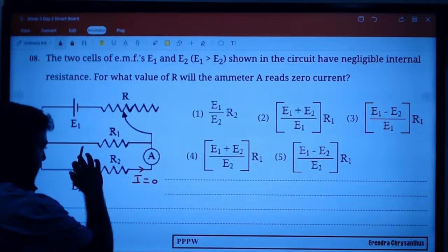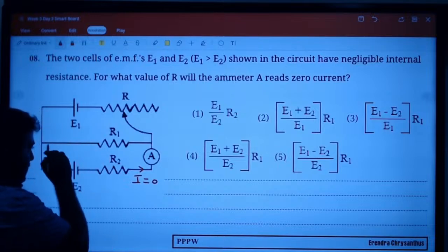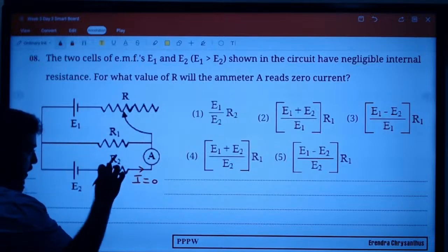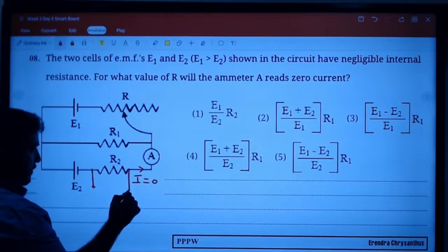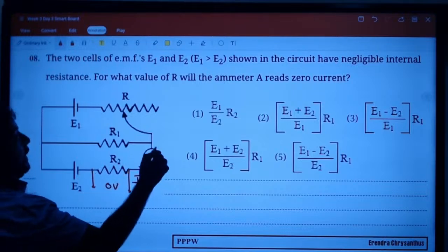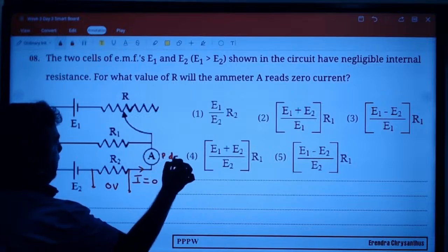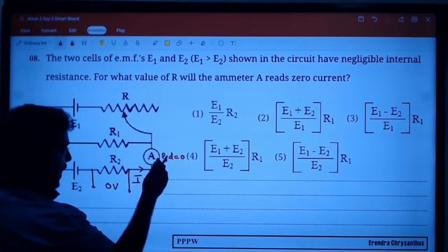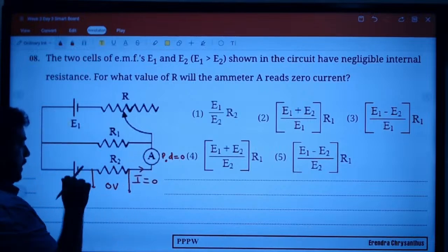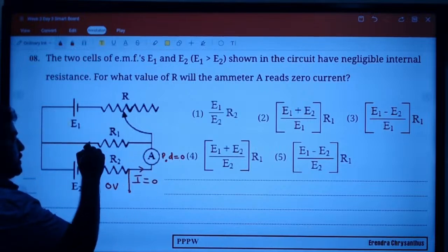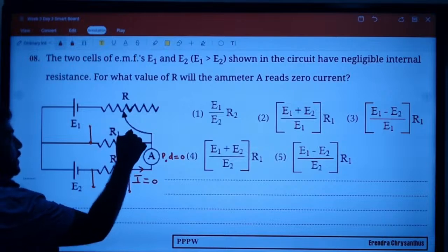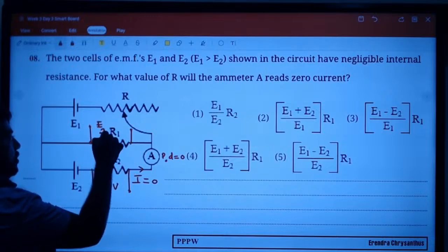So if I apply Kirchhoff's law for this loop, no current here means potential difference there is 0. Anyway, you have to consider it ideal. Ideal means potential difference is 0 anyway. Even if it was not ideal, also 0, no current. So this voltage will go directly across that.